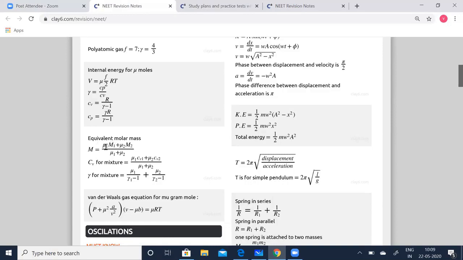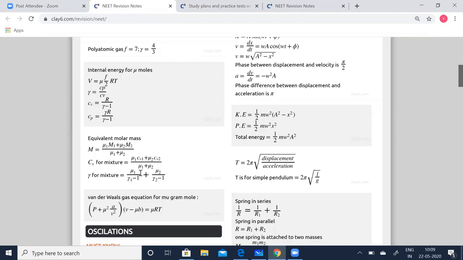Cv for mixtures, if it is a mixture of gases, is mu1 Cv1 plus mu2 Cv2 by mu1 plus mu2.